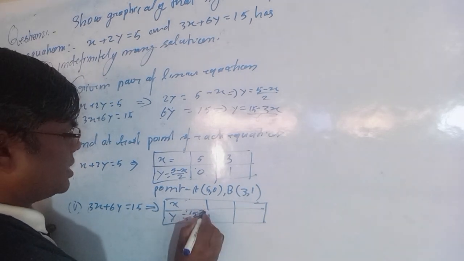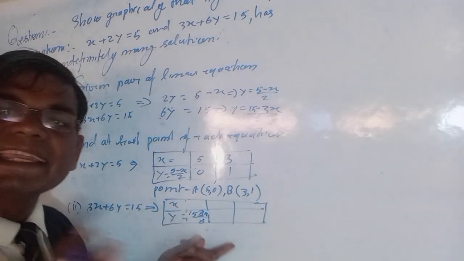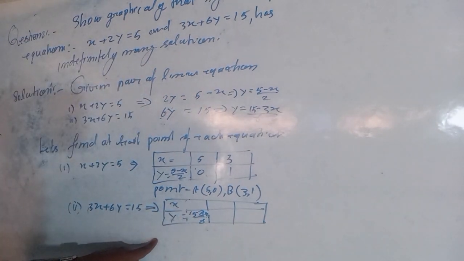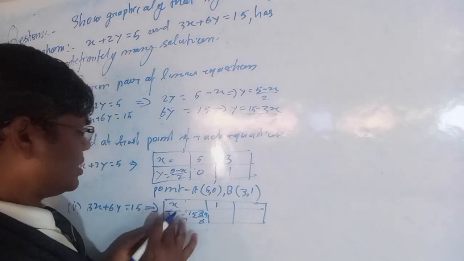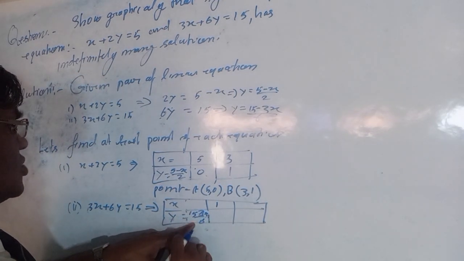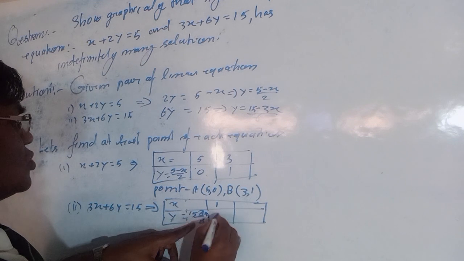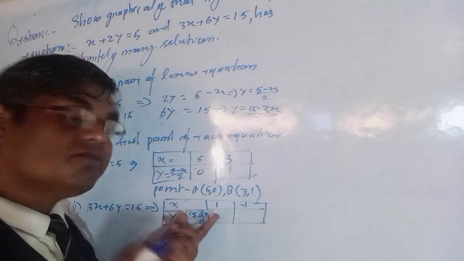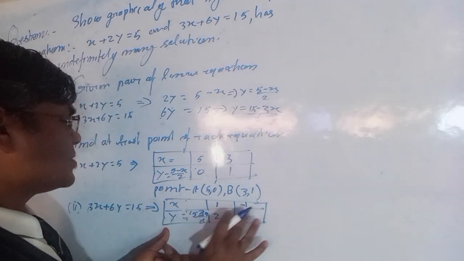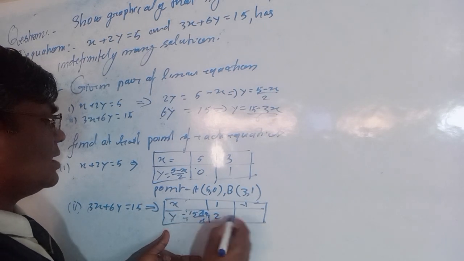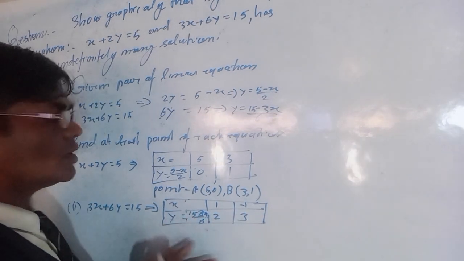Suppose we again assume a value of x. If we take 1, then it becomes 15 minus 3 is equal to 12, and 12 by 6 is 2. Assume x is minus 1 and substitute: 15 minus 3 times minus 1, that is 15 plus 3 is equal to 18, 18 by 6 is 3.